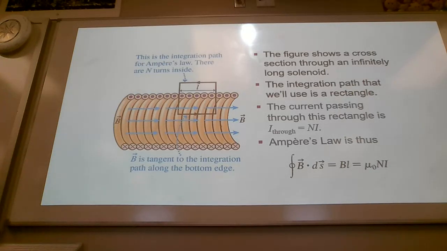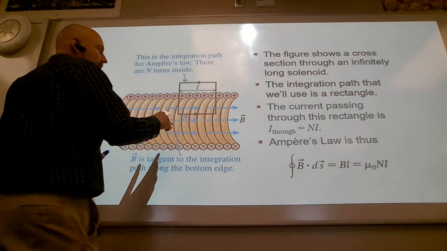In a solenoid, here's the Amperian loop. Remember with Gauss's law, we had certain shapes for the Gaussian surface. Sometimes you had a cylinder, sometimes you had a sphere. The shape of the Amperian loop for a solenoid is just a square, or a rectangle.